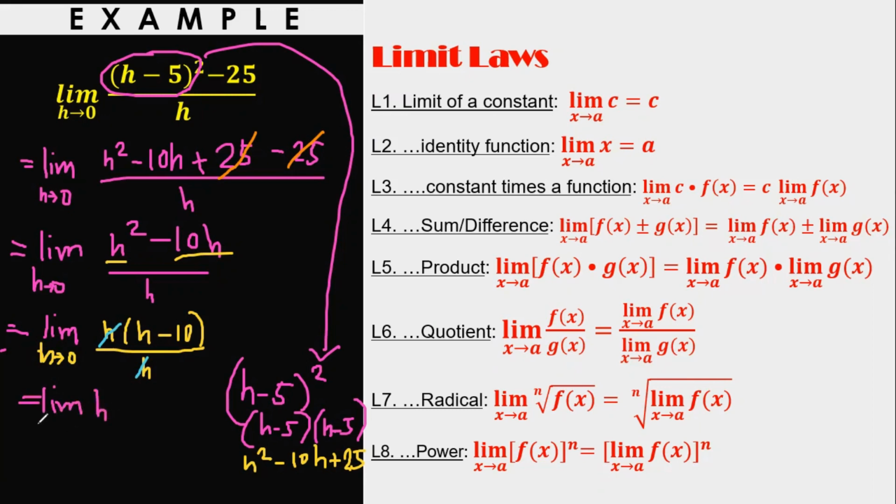Let's go straight to it so the process is not too long. The limit as h approaches 0 of h minus the limit of 10. The limit of 10 is 10. As h approaches 0, we substitute 0 for h, so 0 minus 10.